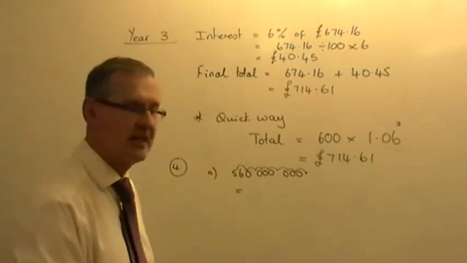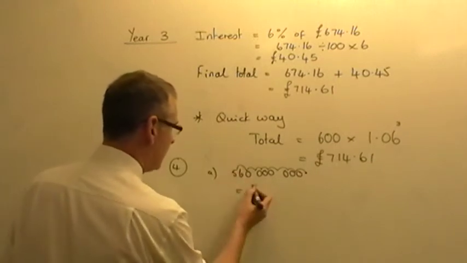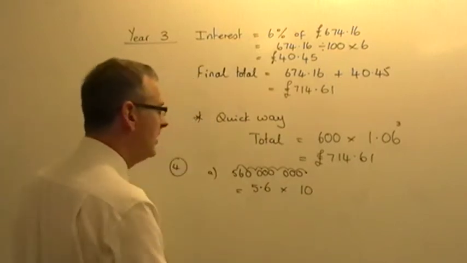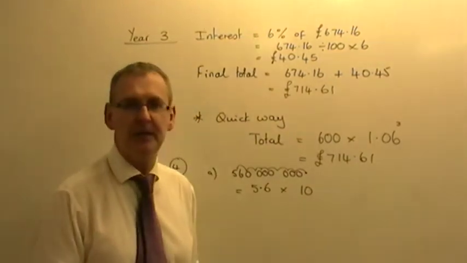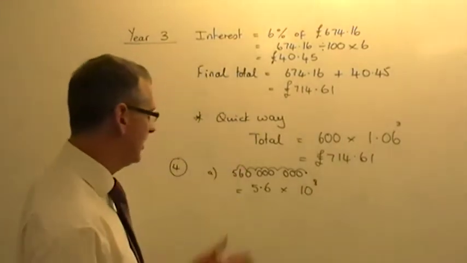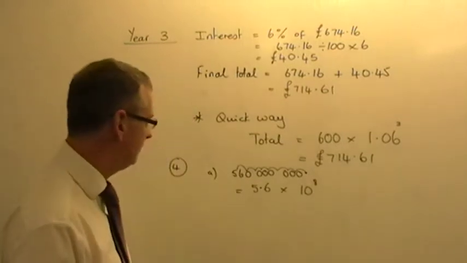And that answer is 8 places. So what I write down is, I've moved it to there, you get 5.6, and then you write times 10 to the power, and then you write down how many places have I moved it. I moved it 8 places. There you go. There is the standard form number for that particular question.